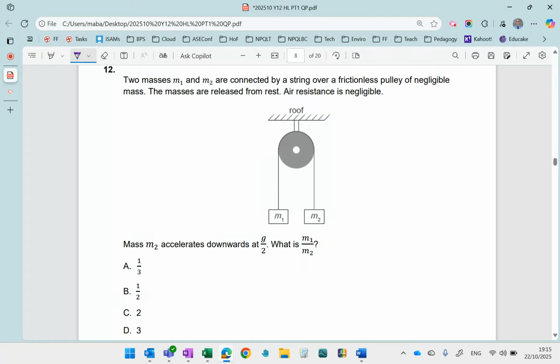Let's give that one a go, but you've got to be really conscious that if you're asked to do this as a paper 2 question, then the method that I'm just about to talk you through wouldn't hold water, right? So you would have to do it the long-handed way, which I'll also show you in a minute.